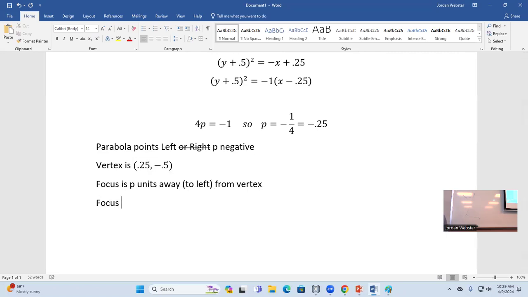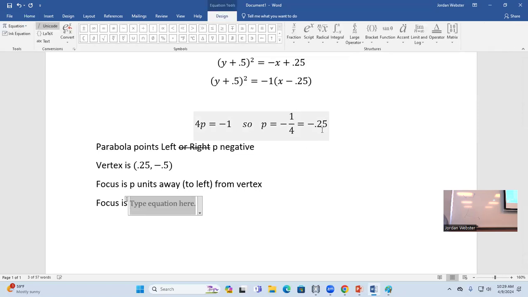So the focus is, we start at the vertex, and if we're moving to the left by 0.25, we're going to be subtracting 0.25 from the x component of the vertex. Hopefully everybody, that makes sense.